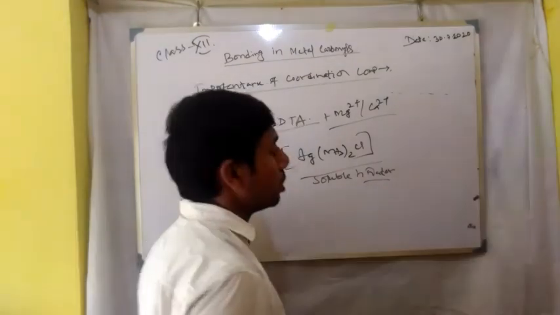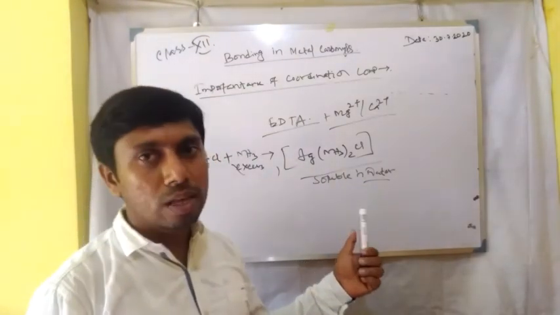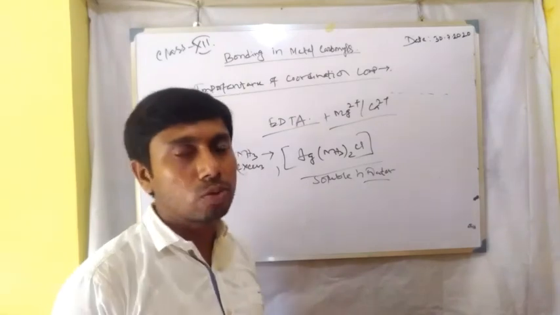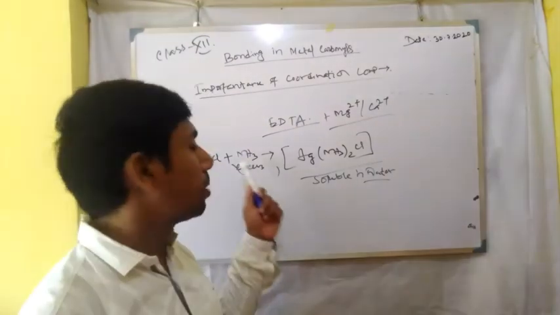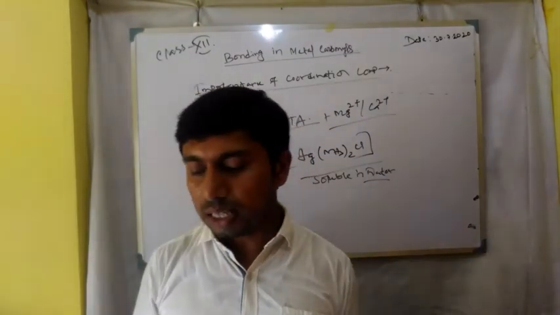Okay. So this is one application of complex compounds, because as it is soluble in water, you can identify the presence of a halide ion. Here it is chloride, because AgCl is white in nature.